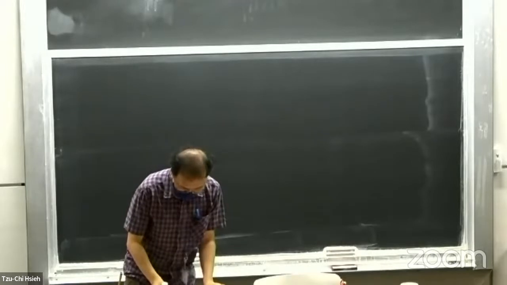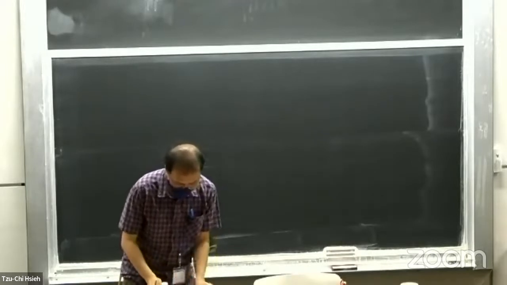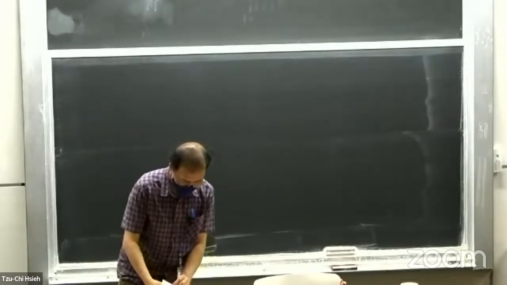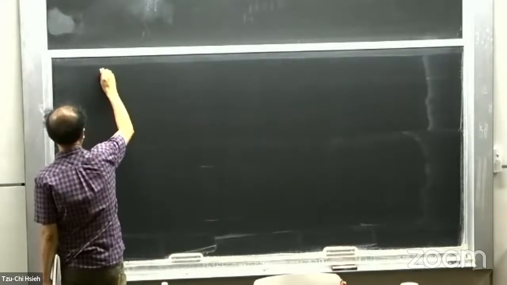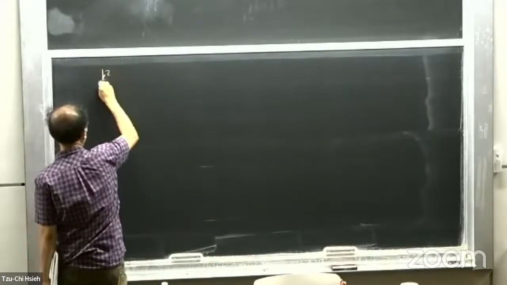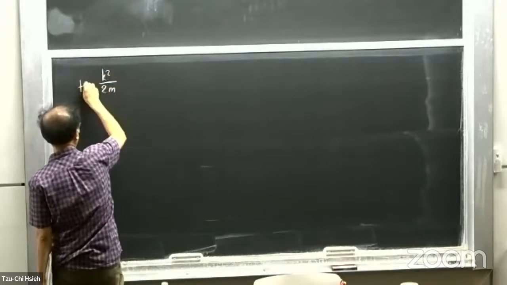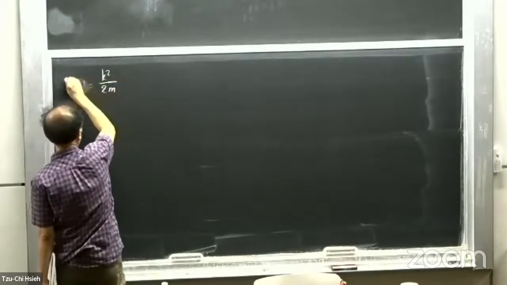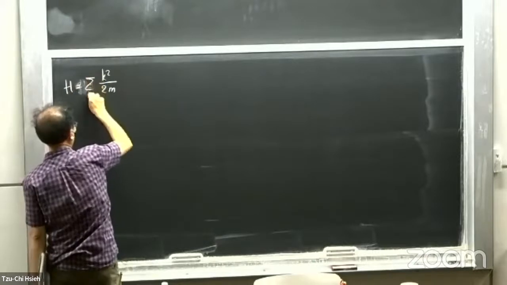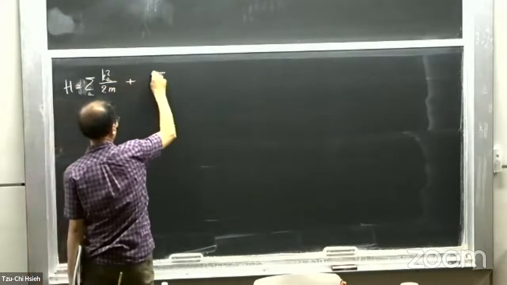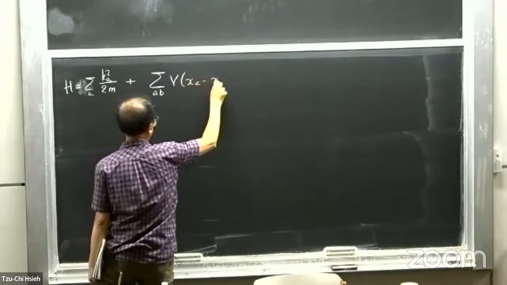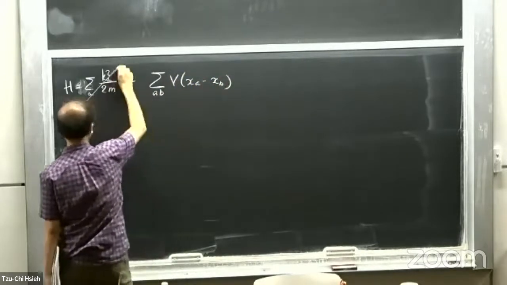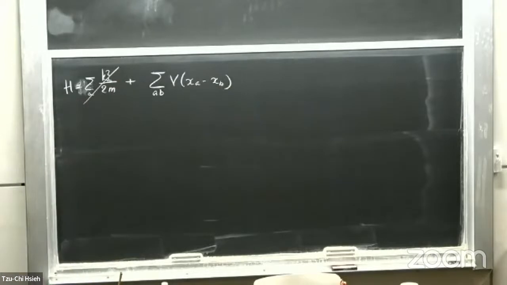So averaging out the cyclotron motion means that in the Hamiltonian, the sum over a of k_a squared plus the sum over a and b of the potential of x_a minus x_b, this first term we are going to drop.